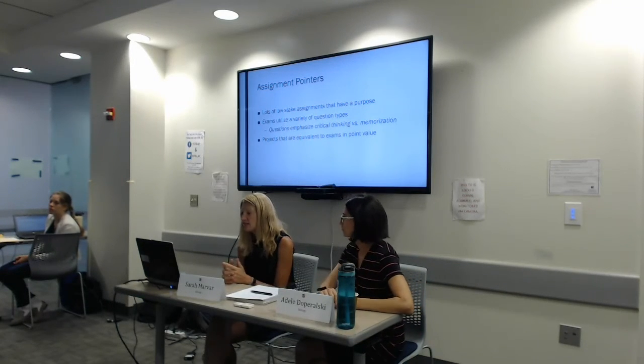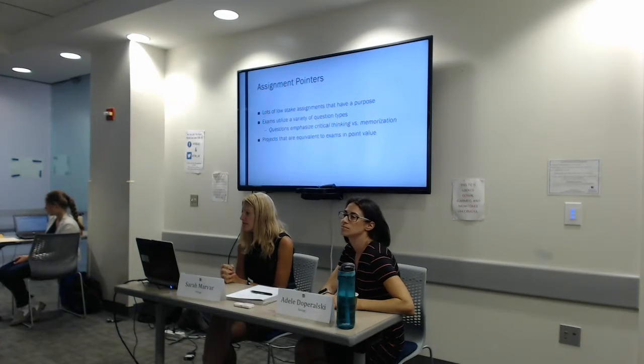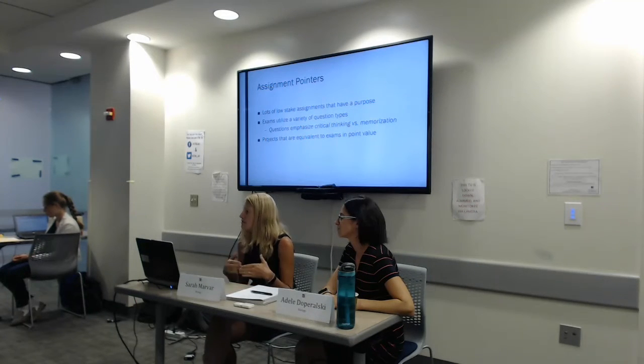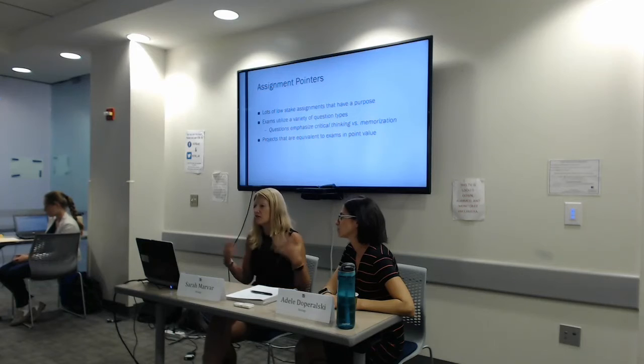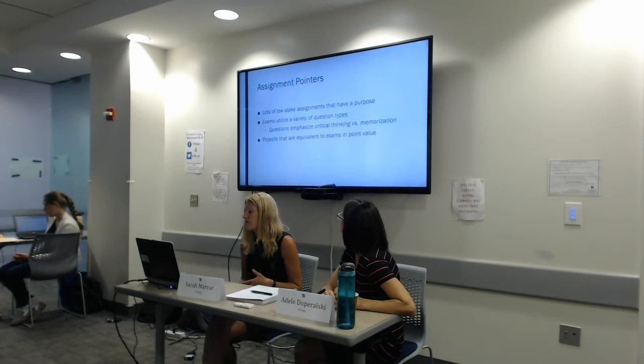And use a variety of different types of questions. Try to emphasize critical thinking versus memorization. So try to focus on getting them to develop skills rather than just memorize facts. And then do large projects.